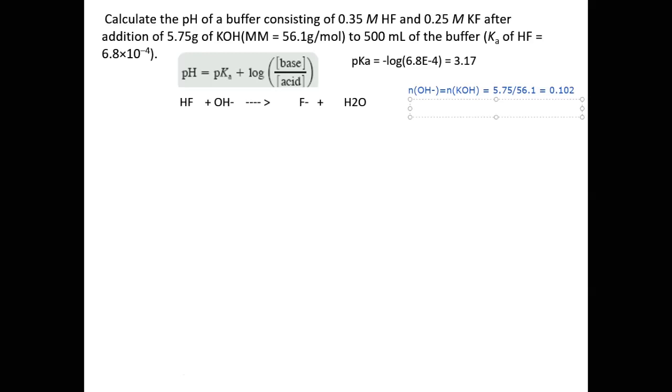Since we're dealing with 500 milliliters, we've got to find the moles of weak acid. Again, I like using moles because we're going to need moles in titrations. And then we need moles of fluoride, which is equal to the moles of potassium fluoride.